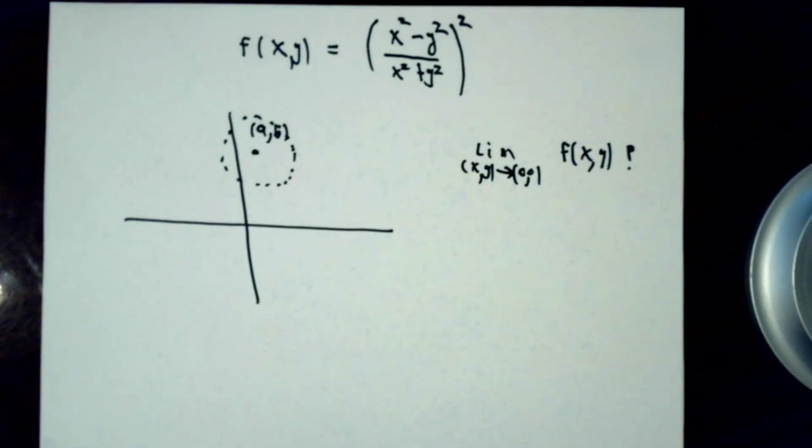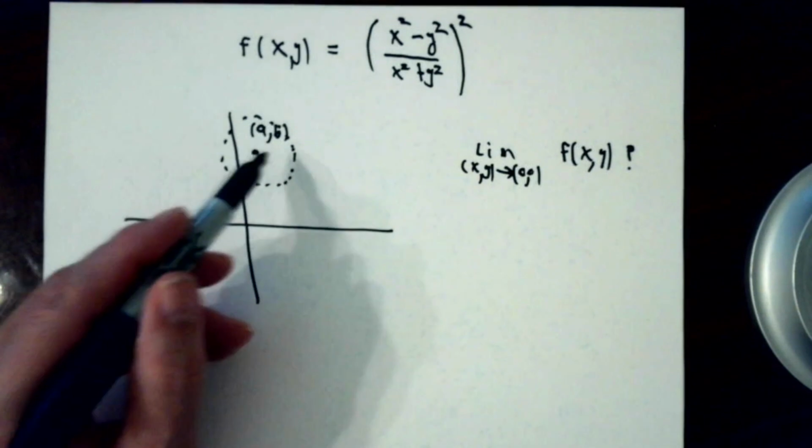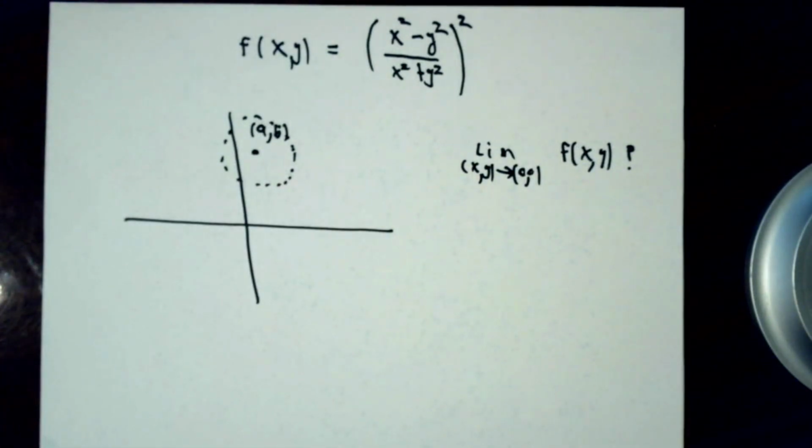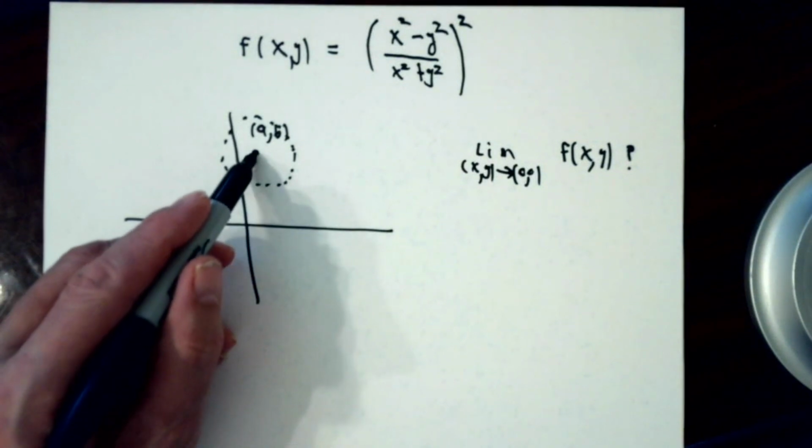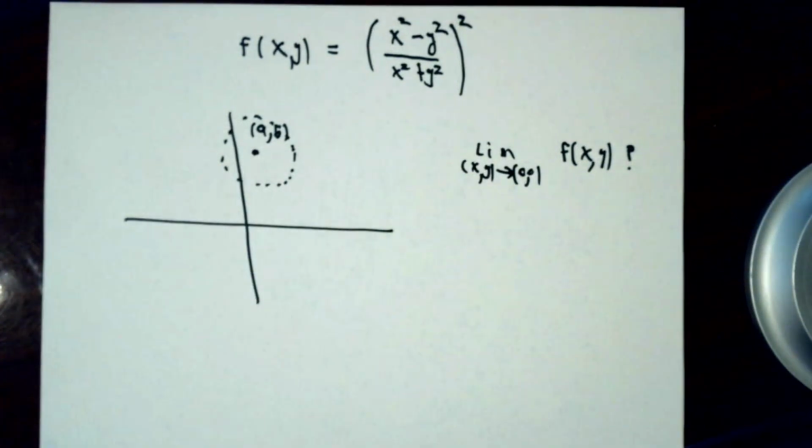The downstairs in this disk will never be 0, and then square that. Our short list of rules tells me that the limit of this function as xy approaches this point is easy to figure out. You just plug x equal a and y equal b in, and you're done.